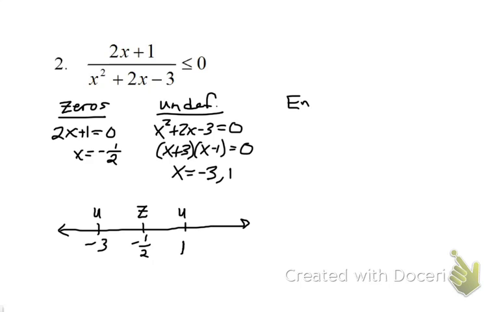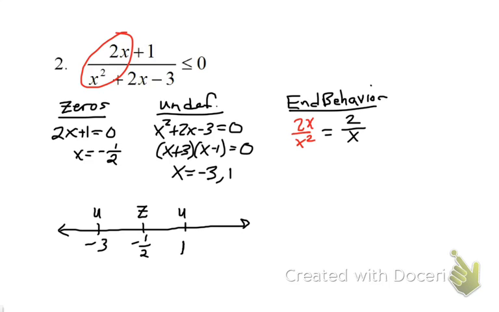We saw last example the end behavior got us the signs on the outside, but in this case our expression generalizes to 2x over x squared, which then reduces to 2 over x, which gives us end behavior in both directions, both towards positive and negative infinity, of 0.